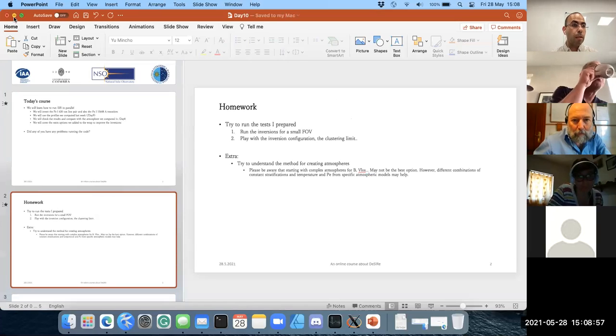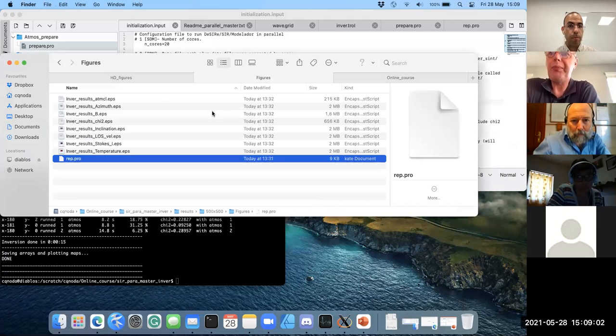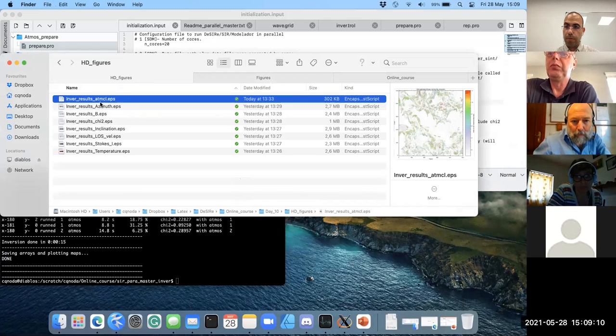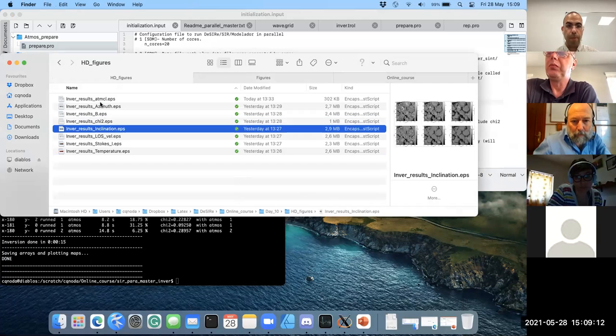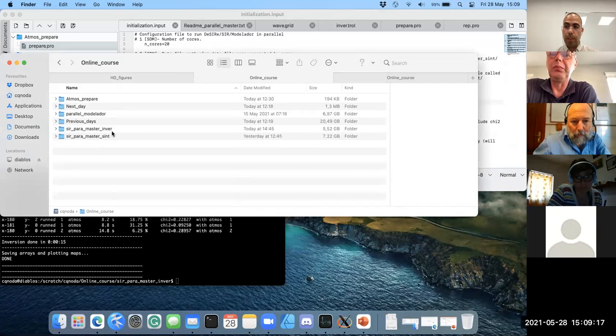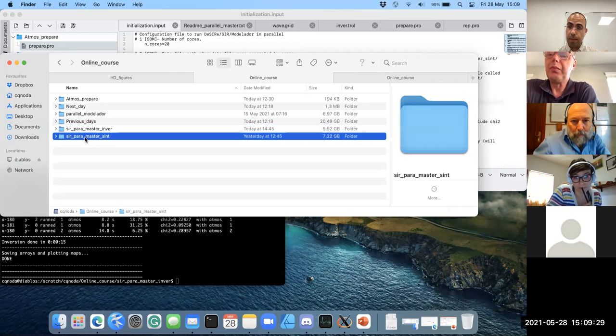Okay, so then let's go to the folder where we are going to run things. As always, we will have in day 5 figures, but we will go to them later. I will show you what they are. In this class, we are going to use the parallel wrap that is in this folder, but we are going to read the synthetic profiles that we created in this folder that I shared with you last week.